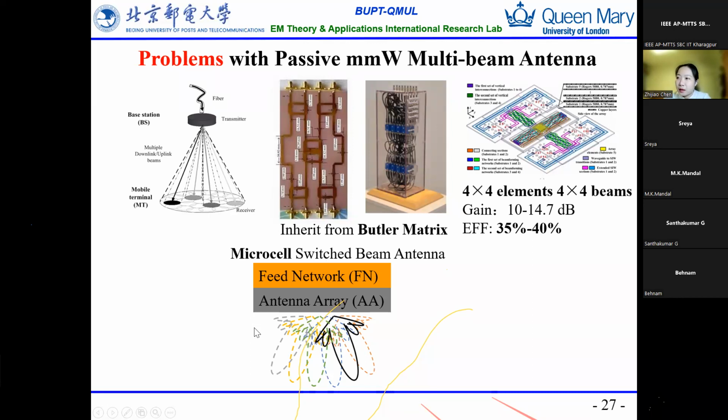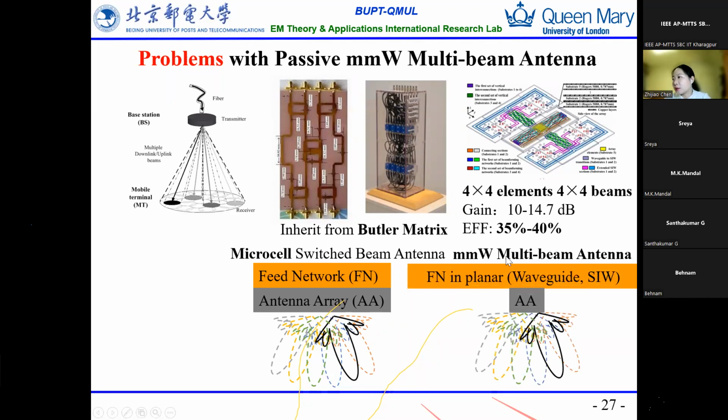So the antenna doesn't look very big, and also the loss in this transmission line is very low. However, if we extend to the multi-beam antenna in mmWave, the feed network in planar architecture will be very big, like this. For this antenna, the antenna is very small, just in this size, but the feed network is very long and very huge.